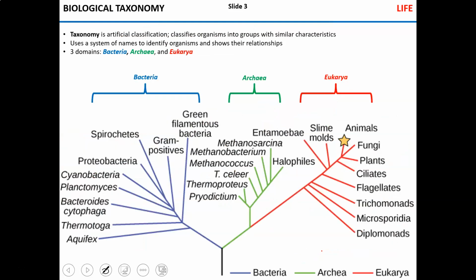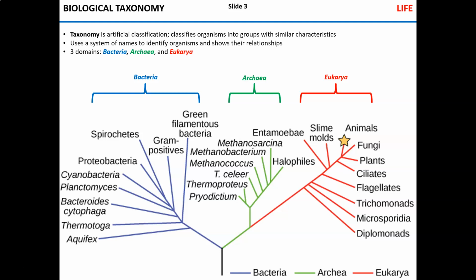Now we're going to switch gears and talk about biological taxonomy, the artificial classification of living organisms into groups with similar characteristics. This system uses binomial names, names that consist of two words, to identify organisms and demonstrate how these organisms relate to each other.